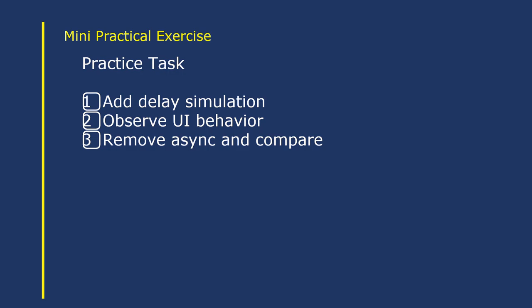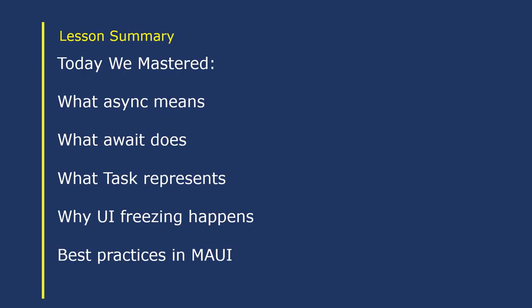In this lesson, we deeply understood asynchronous programming in .NET MAUI. You now know why async and await are critical for API-driven applications. Congratulations, you have completed lesson 4 on mastering async and await in .NET MAUI.